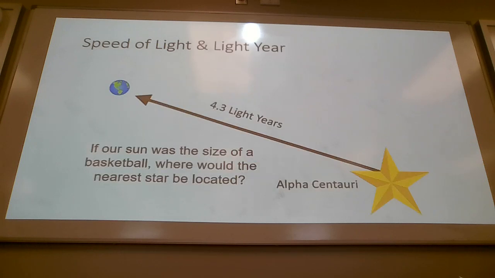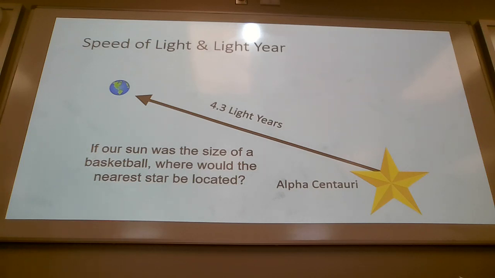Okay. So the nearest star, with the whole basketball thing where the sun's the basketball, would be about as far as Hawaii. It takes light 4.3 years to reach Earth from Alpha Centauri.